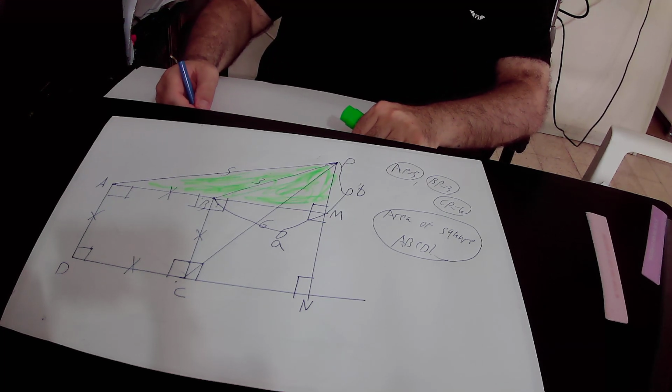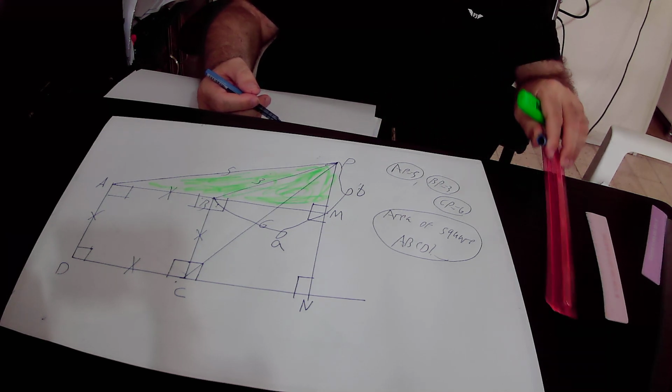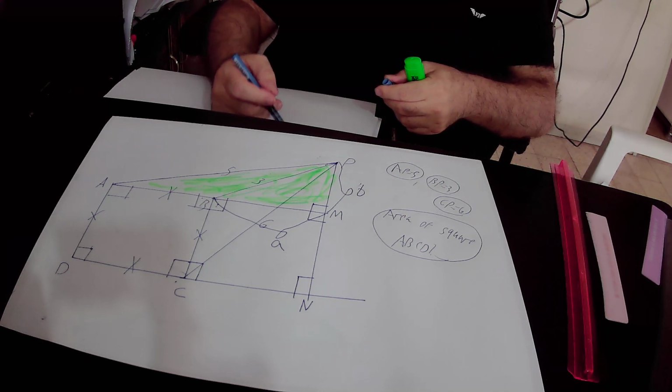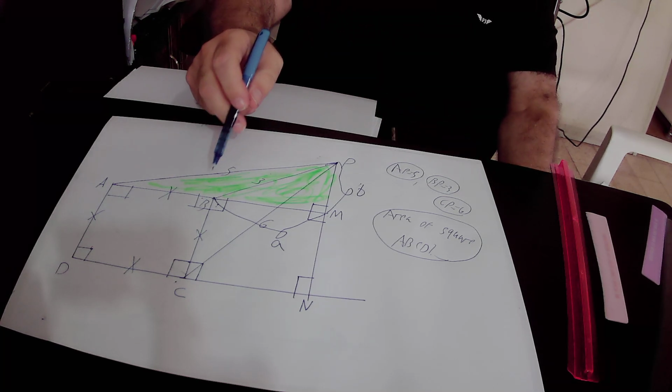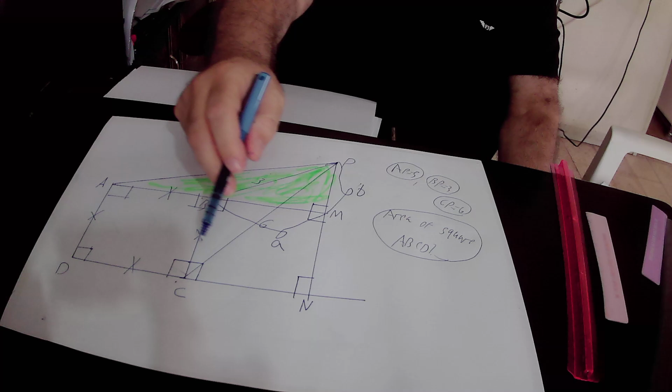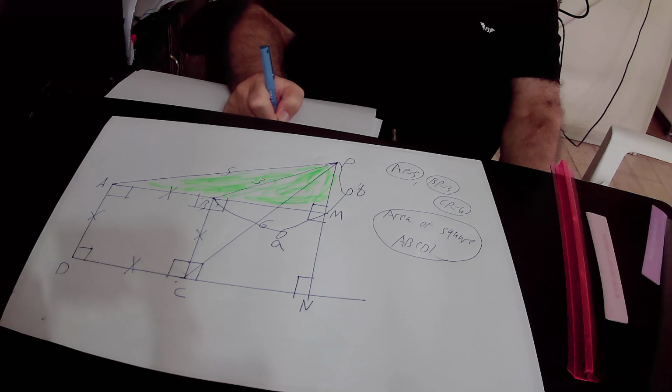And we know that the opposite sides of a rectangle are equal to each other. That is to say, side BM equals side CN. BM equals CN.